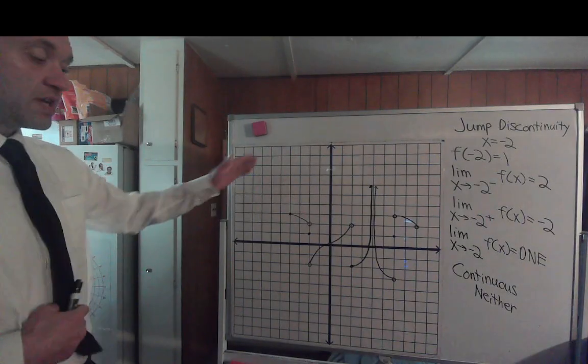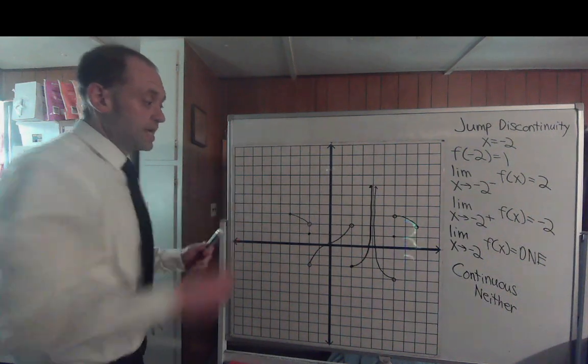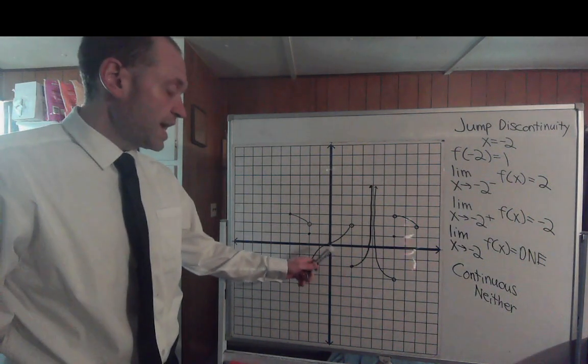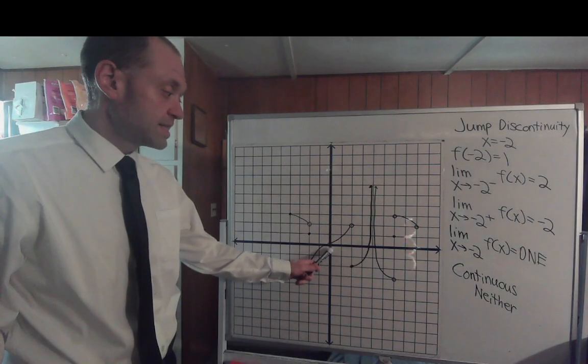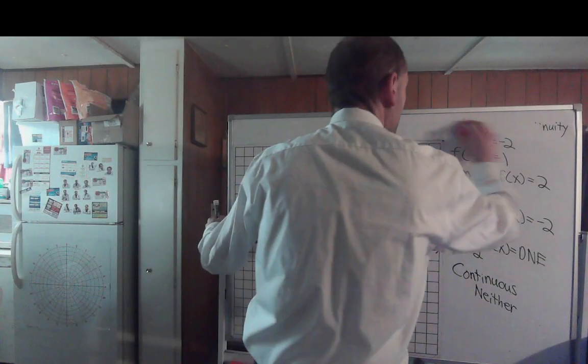So that's everything about x equals -2, that discontinuity. And if we look at this graph, it looks like we have another discontinuity at x equals 0. We have an open circle at x equals 0.